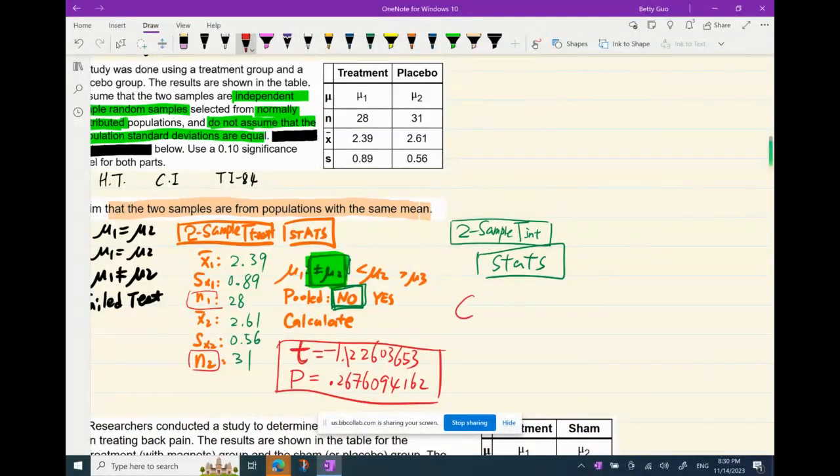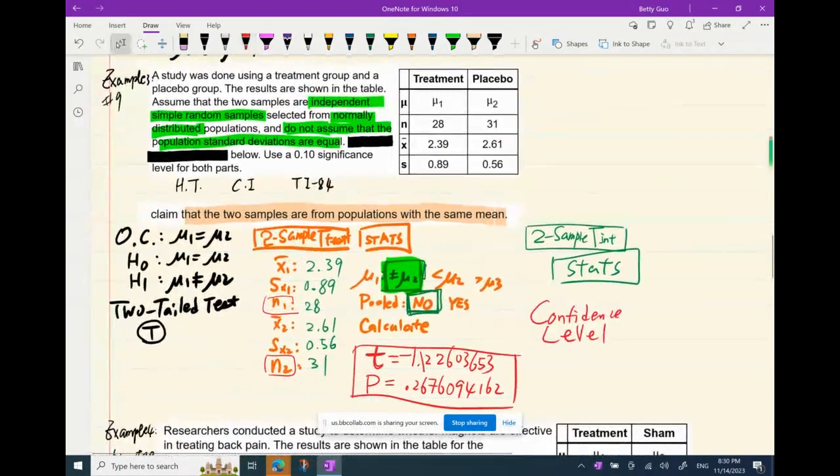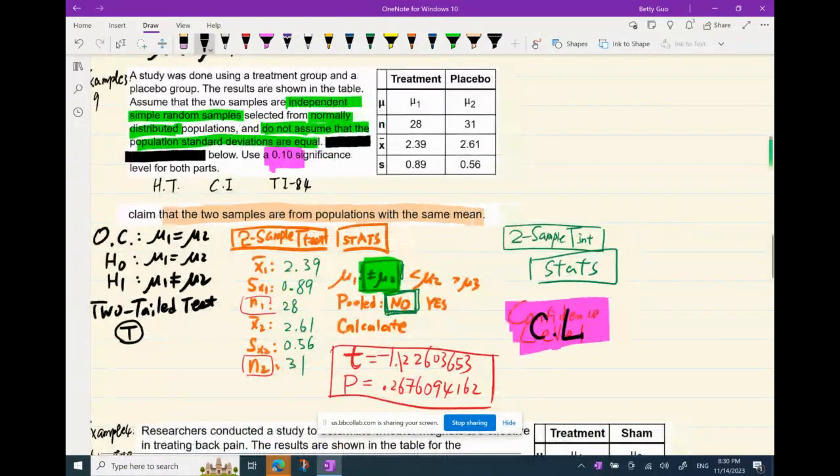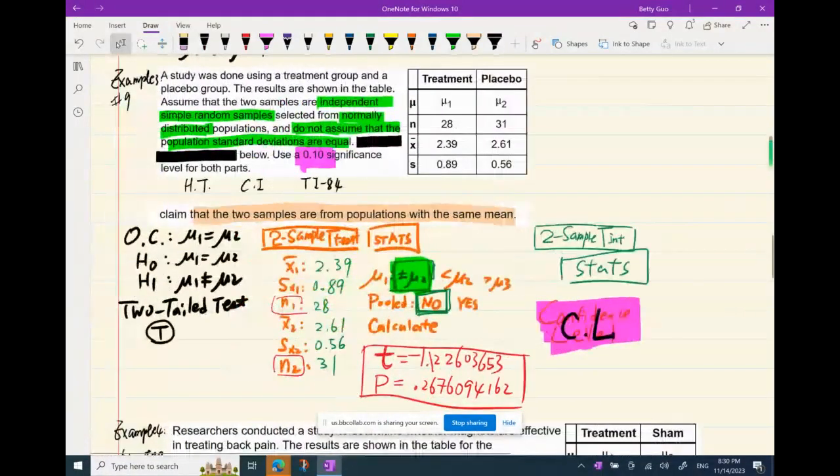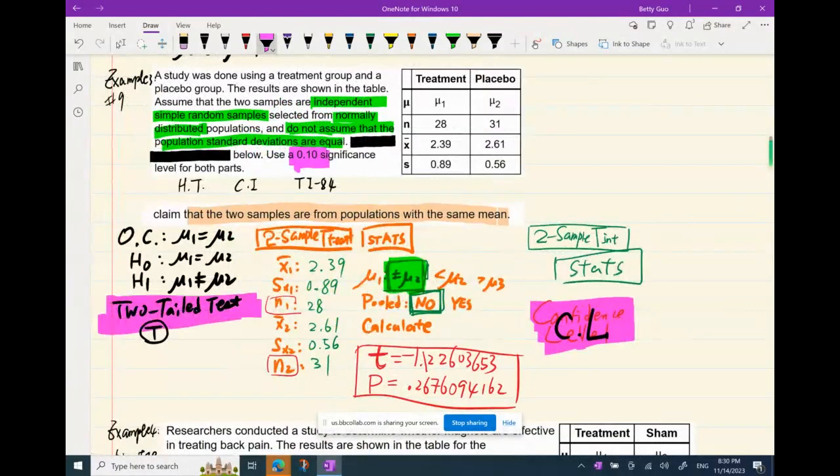Help me out, guys. What's the confidence level supposed to be? Two-tail test, not one-tail test. Significance level is 10%. It's right here. And what's the confidence level supposed to be? Two-tail test. Significance level is 10%.